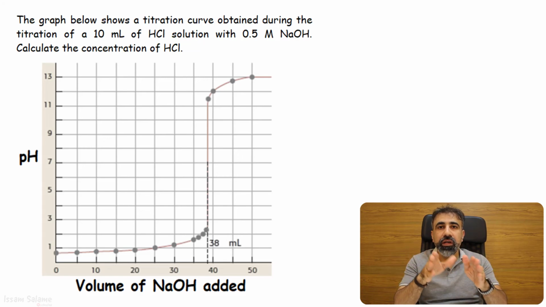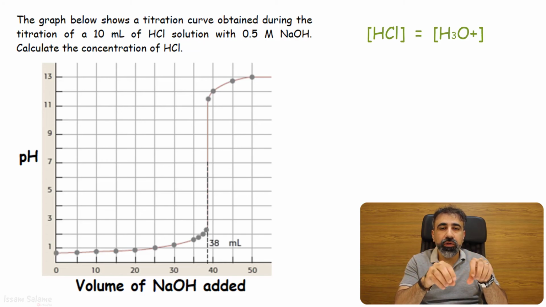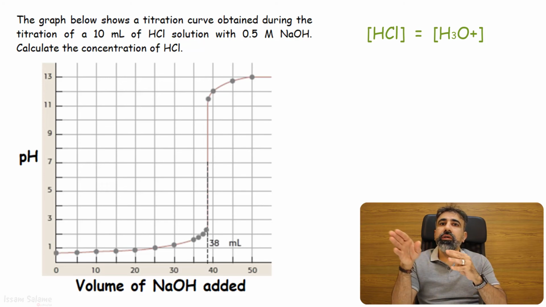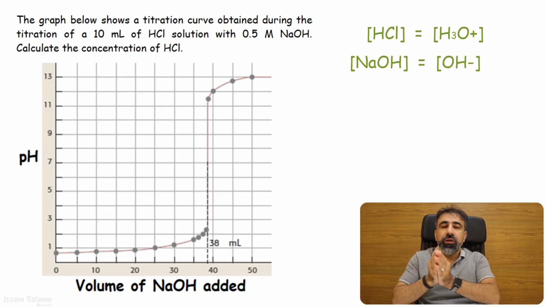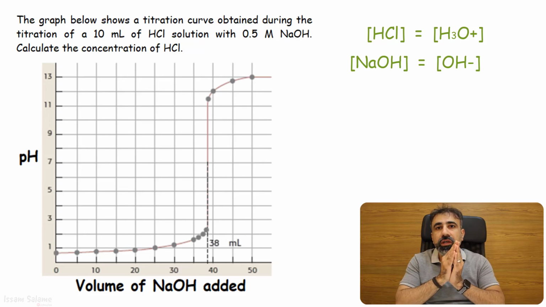Also here, hydrochloric acid is a strong acid, which means that the concentration of the hydrochloric acid is equal to the concentration of the hydronium ions. And also sodium hydroxide is a strong base, which means that the concentration of the sodium hydroxide is equal to the concentration of the hydroxide ions.